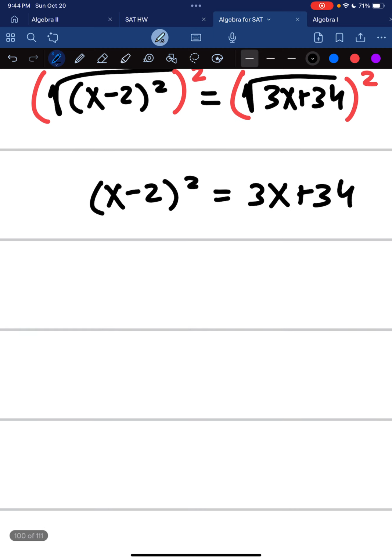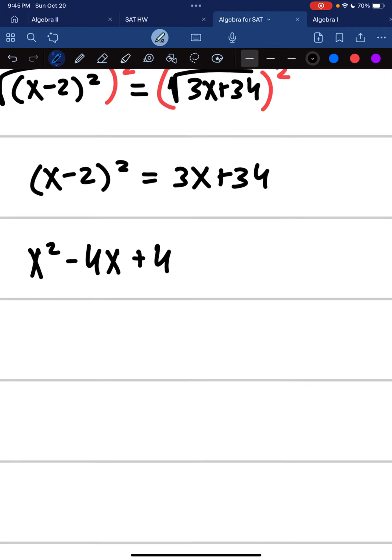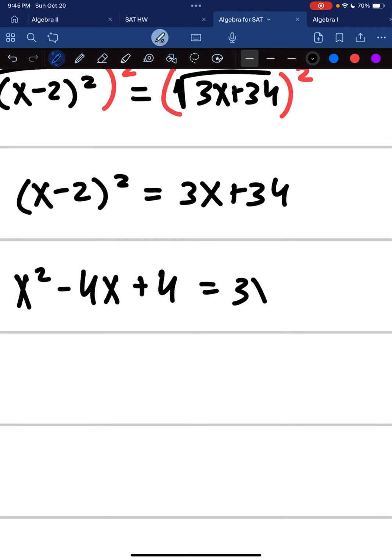Now I'm going to expand the left side, so I get x squared minus 4x plus 4. You can do that by doing x minus 2 times x minus 2, and if you multiply it out, you'll get this, and then that's equal to 3x plus 34.